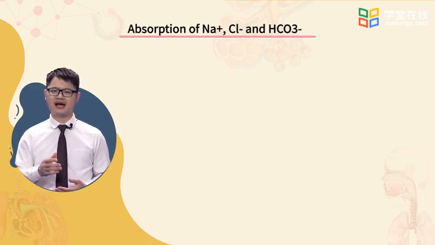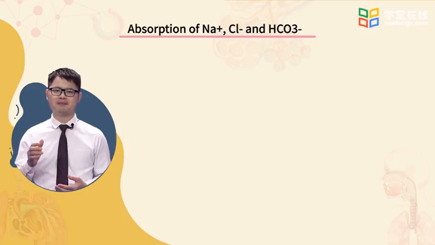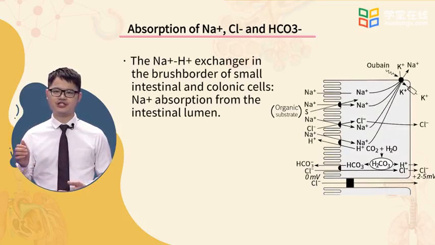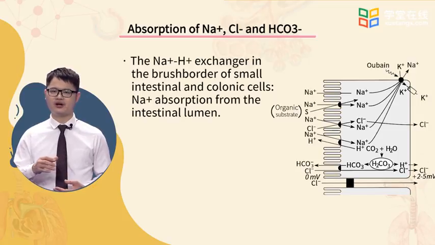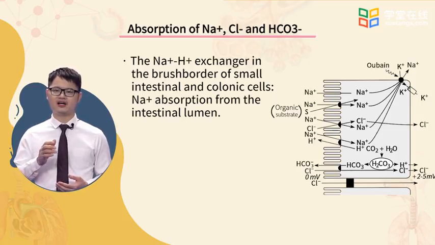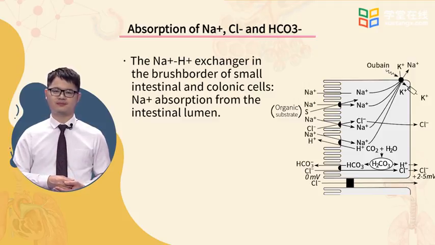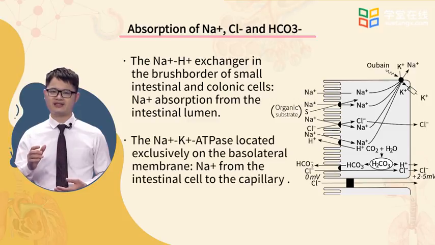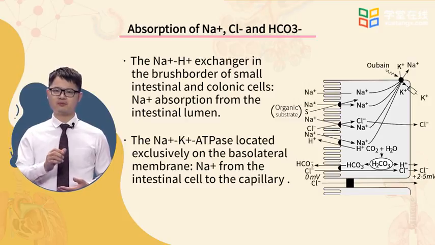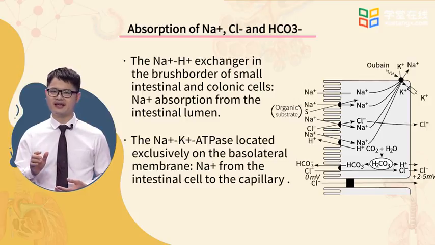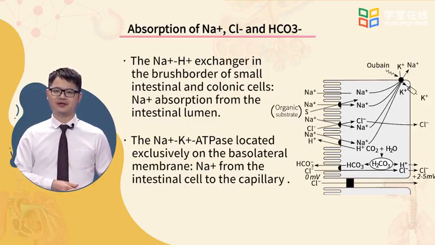Absorption of sodium ion, chloride ion, and bicarbonate. The sodium-hydrogen exchanger present in the brush border of the small intestine and colonic cells is the major mechanism of sodium absorption. The sodium-potassium ATPase is located exclusively on the basolateral membrane, responsible for active transport of sodium ion from the epithelial intestinal cells to the capillary.